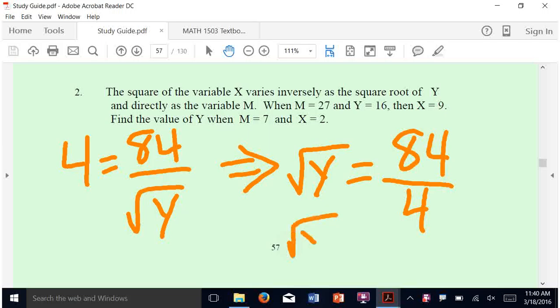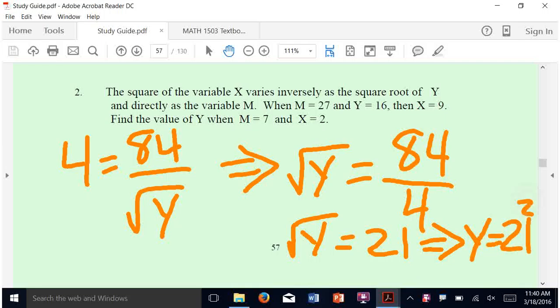So the square root of y equals 21. That means y would equal 21 squared. And 21 squared is 441. So 441 is what y equals. That is our final answer.